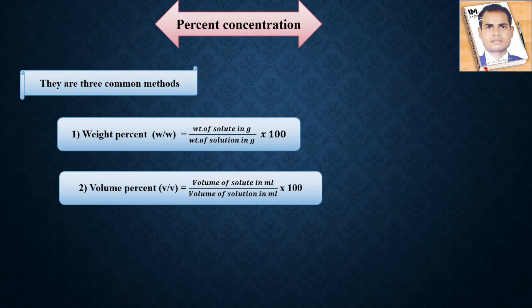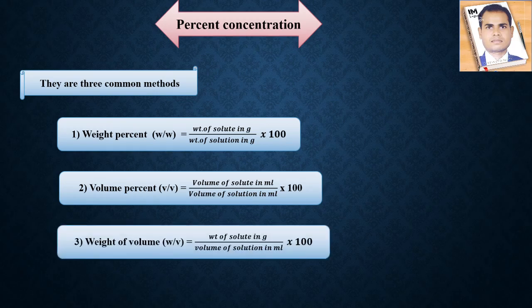We can use this formula for the percentage of ethanol. Simply we have to take 20 ml of ethanol into 80 ml of water, so you will get 20% ethanol.